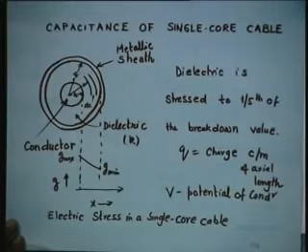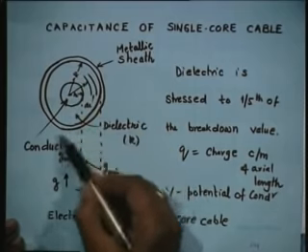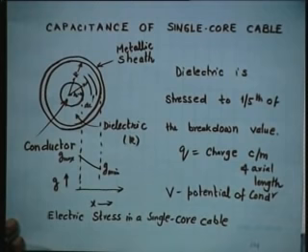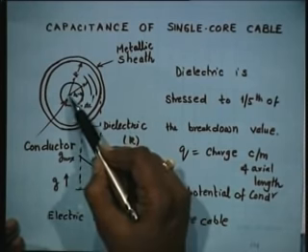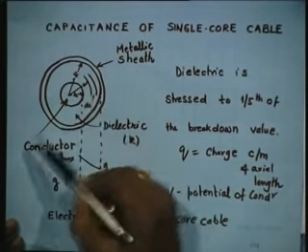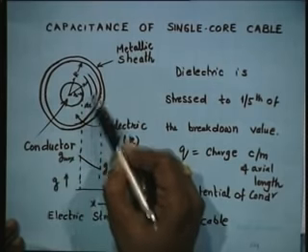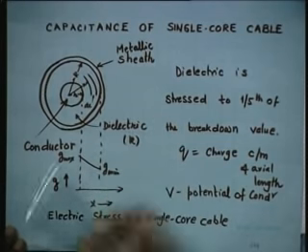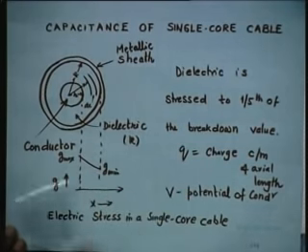Now, what is the capacitance of a single core cable? I have drawn a figure here. The conductor radius is r, the inside radius of the whole cable is capital R, and as you know, in mathematics you have to consider a point at distance x, and dx is the incremental radius. Now, this is a metallic sheath. Of course, there is armoring and all those things for protection.